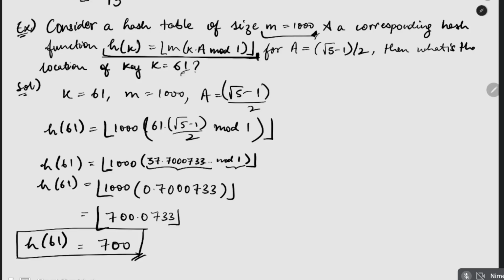And we can see that for any given value of k, this value inside, m times ka modulo 1, will always be less than 1, not even equal to 1.